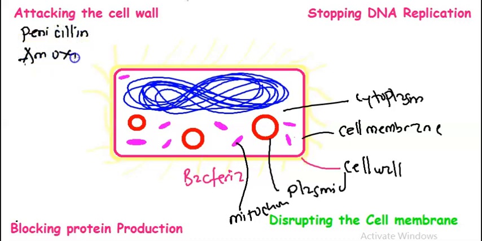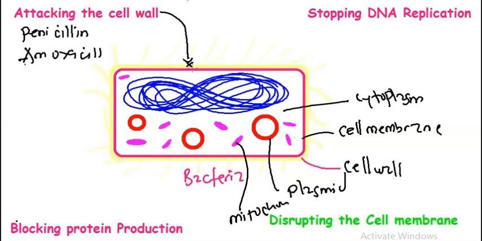What they actually do is they attack the cell wall. We say the cell wall is the one from the outside. So notice that the cell wall is a protective layer that keeps the bacteria intact. So when this antibiotic breaks down the wall, the bacteria become weak and burst, leading to their death.